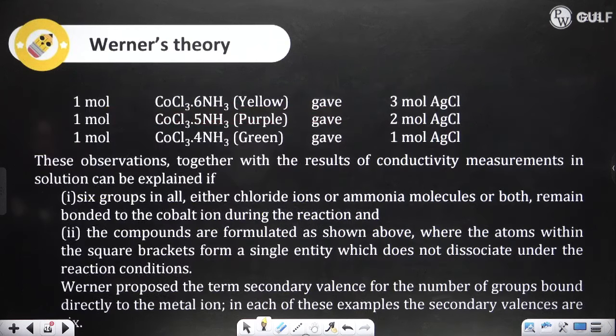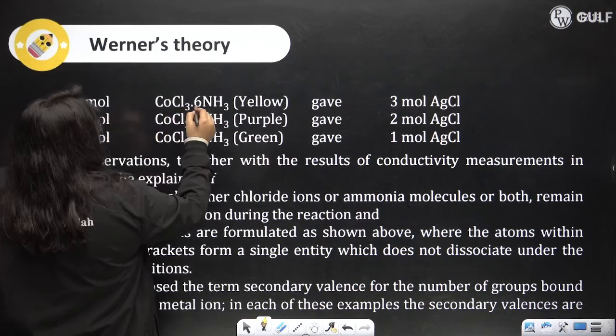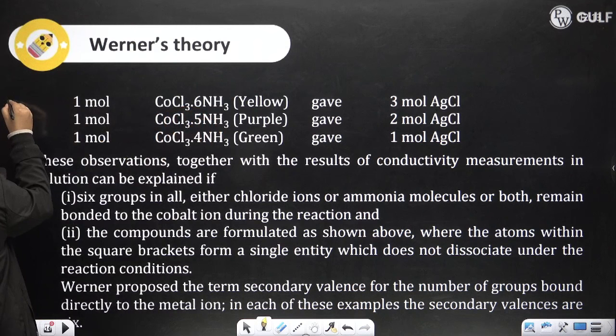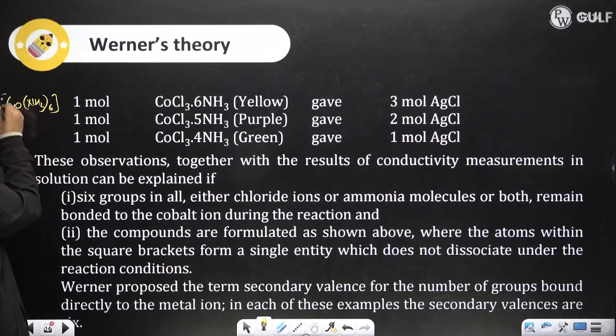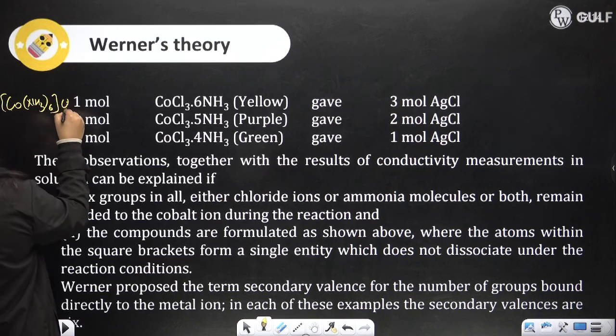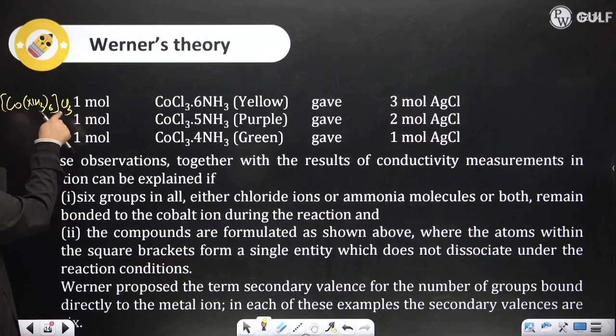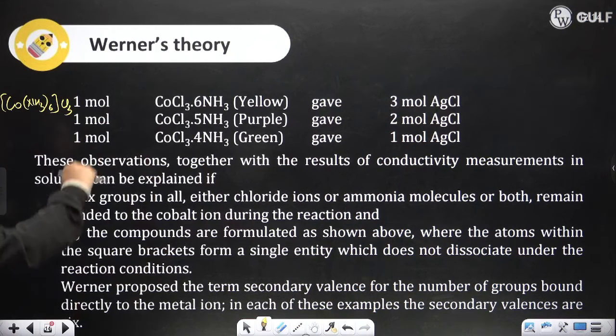So this is what you see, beta, when you add silver nitrate. Over here, CoCl3.6NH3 is nothing but [Co(NH3)6]Cl3. So all the 3 chloride ions are available for precipitation with silver nitrate. So you're getting 3 moles of AgCl.